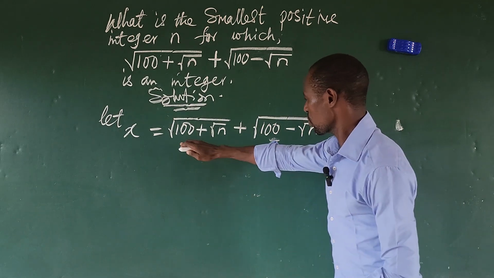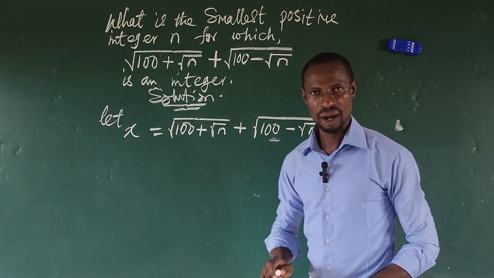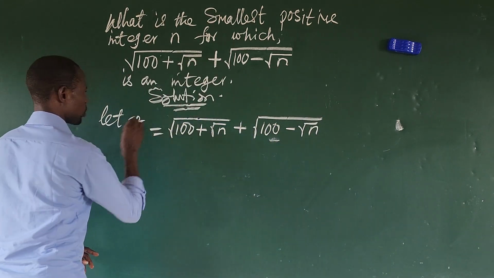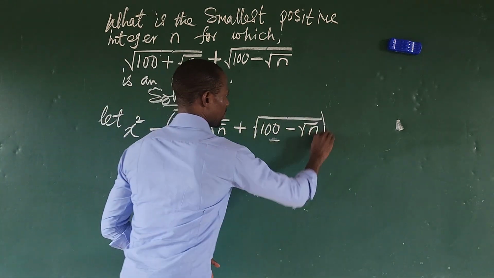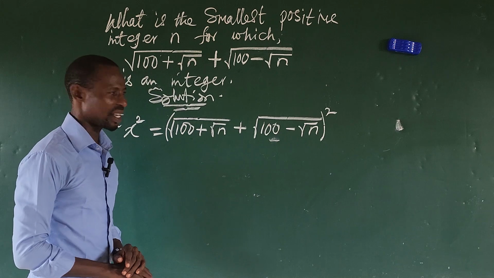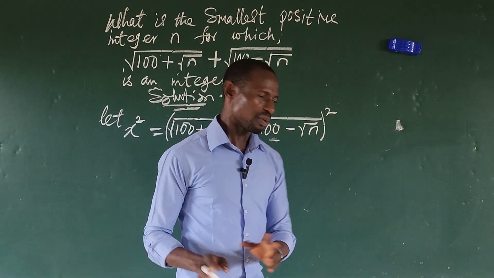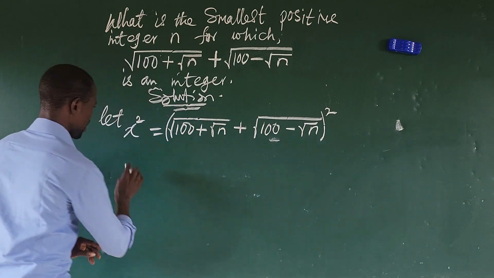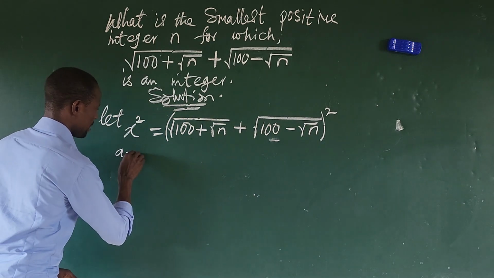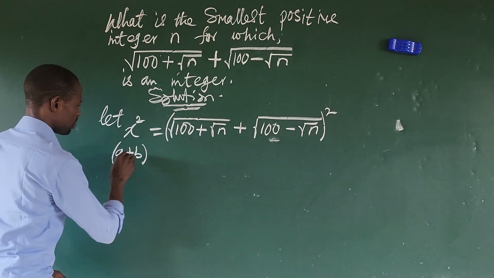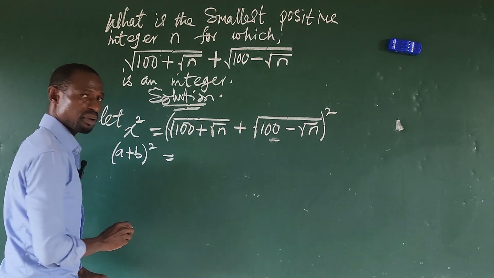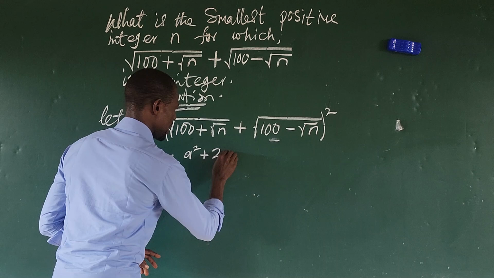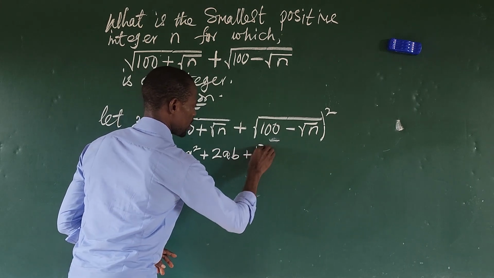Good. Because we are having this radical and this radical, what we do here is to square both sides of the equation. I'm going to use a trick to get the square of this straightforward. Remember that if we have a plus b all to the power of 2, it's going to give us a squared plus 2ab plus b squared.